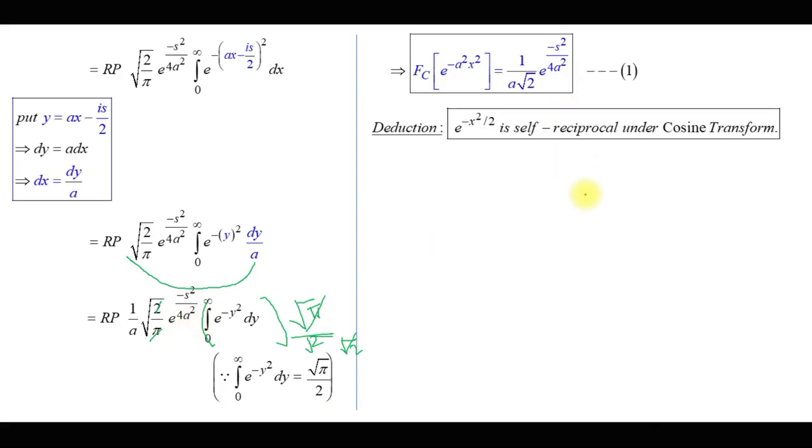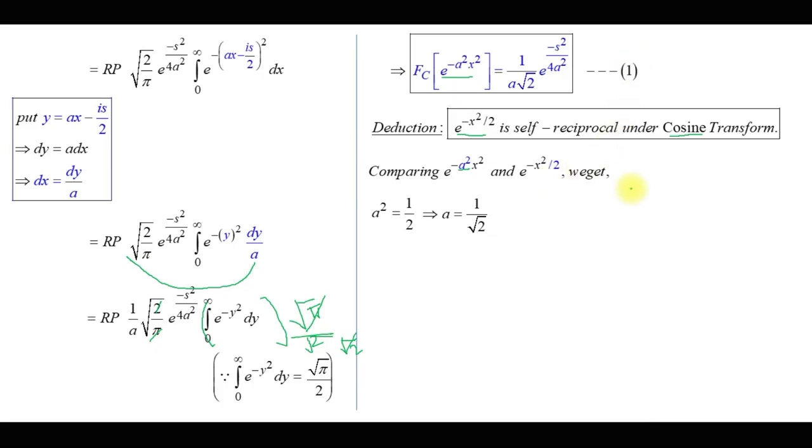So next deduction, we need to prove e^(minus x squared by 2) is self-reciprocal under what transform? Fourier cosine transform. So compare e^(minus x squared by 2) with e^(minus a squared x squared). Here a squared, there 1 by 2, the only difference. Therefore substitute a squared equal to 1 by 2. This implies a equal to 1 by square root 2.